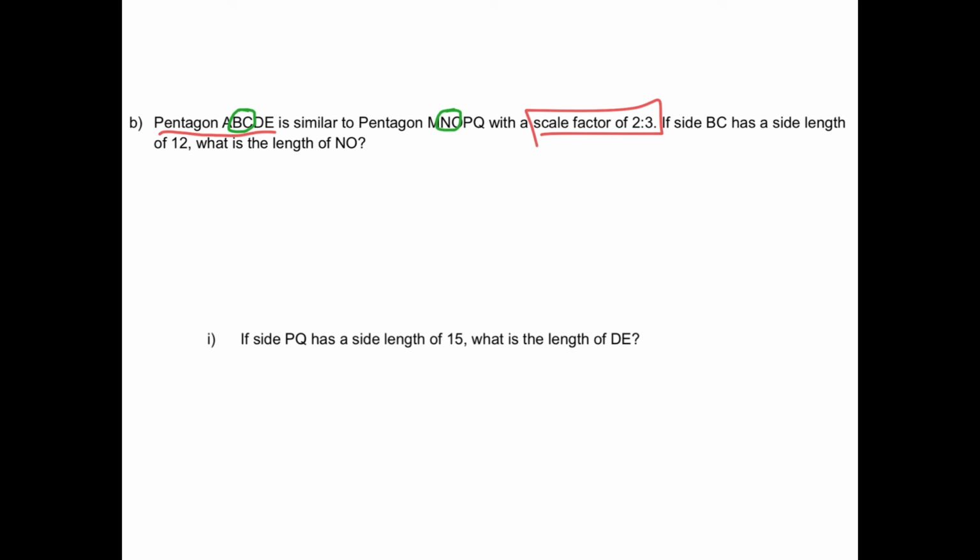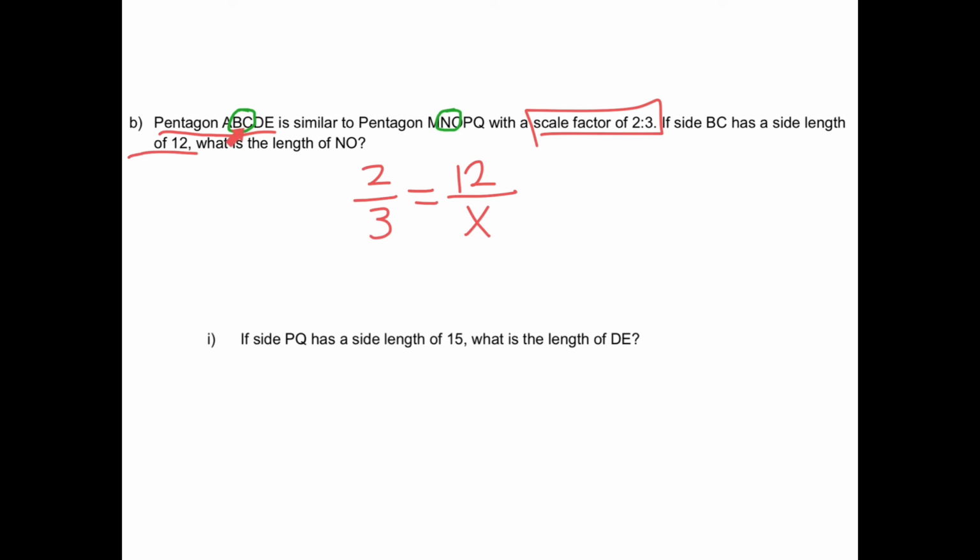on their name. So I am allowed to use the scale factor of 2 to 3, and using the 12 for BC, I'm going to put that up top, and then I'm going to use an X for the NO. The 12 has to be up top because when you are given a scale factor of 2 to 3, that order matches with the order in which the statement is said.